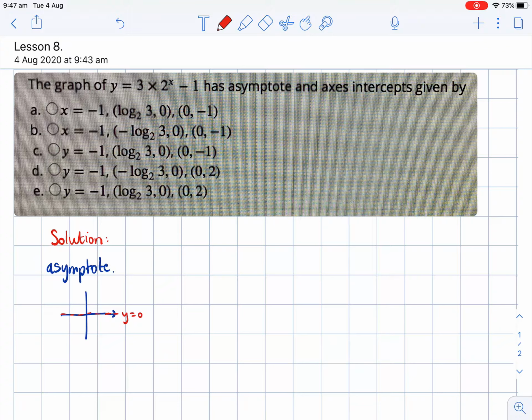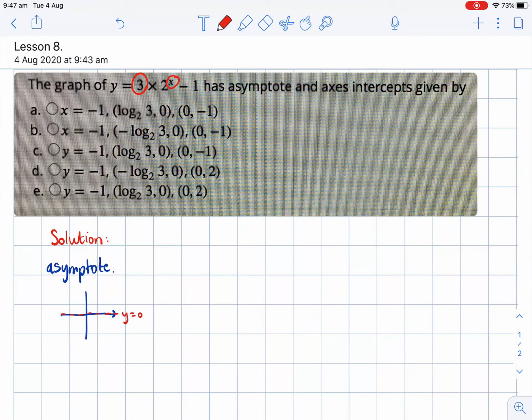Now when I look at my equation, this 3 in the front is a dilation, so if I dilate an asymptote from 0 by a factor of 3, it's still 0. Even if there was some horizontal translation, it would not change that asymptote at y equals 0. It would just move it left and right, but it would still be at y equals 0.